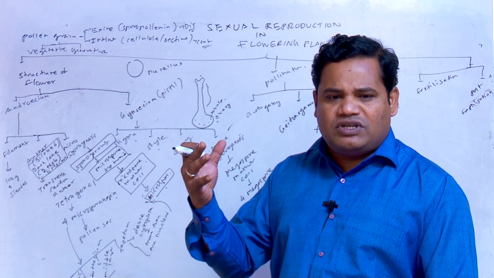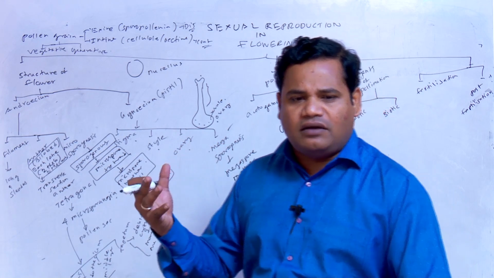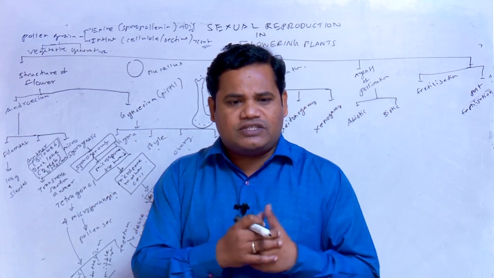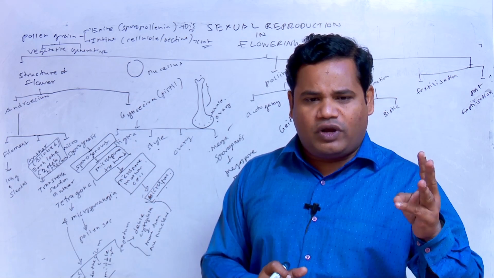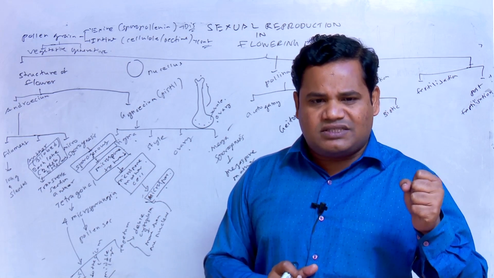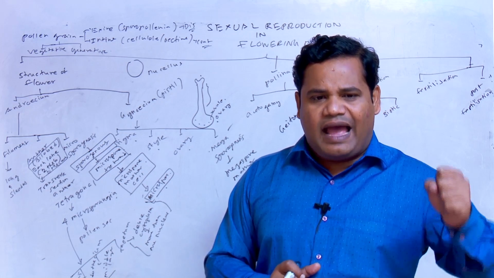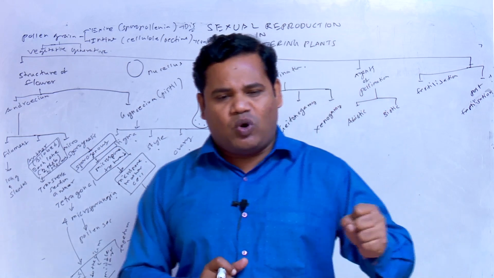Two more sequential mitotic divisions result in the 4 nucleate and later 8 nucleate stages of the embryo sac. All of this happens in the nucleus of the functional megaspore.